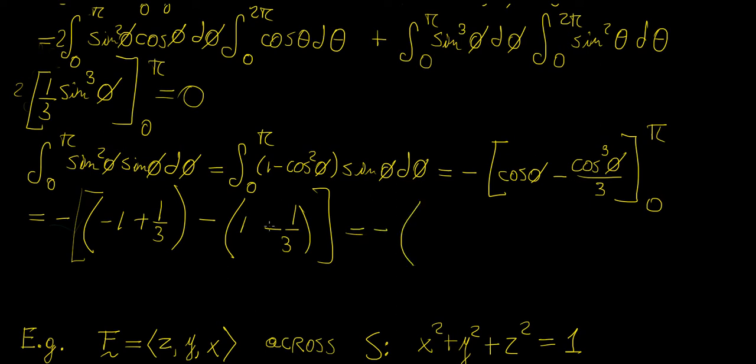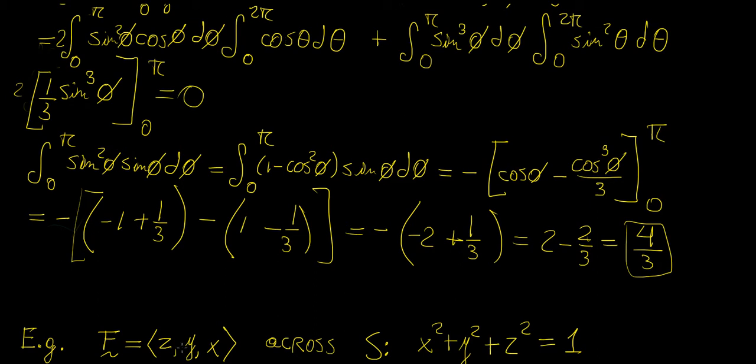And this is going to be, so we have -2 plus 1/3, which is 2 minus 1/3, which should be, so actually this is 2/3 here. Let me check. So we have this, yep, -2/3, so this should be 4/3.